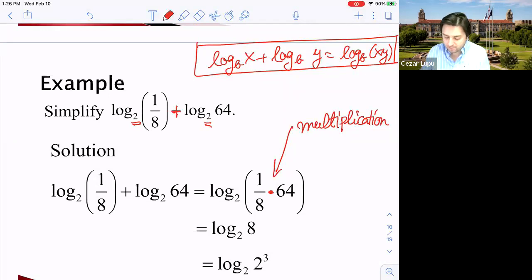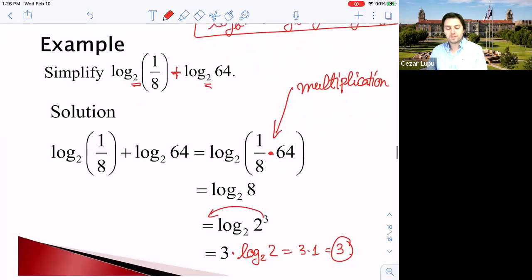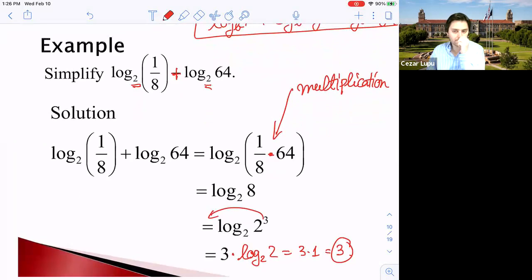You take the exponent out, so it will be 3 times log in base 2 of 2, and we know that log in base 2 of 2 is 1, so this will be 3 times 1, which is 3. And that's the final answer. Is this clear for everybody, this example?